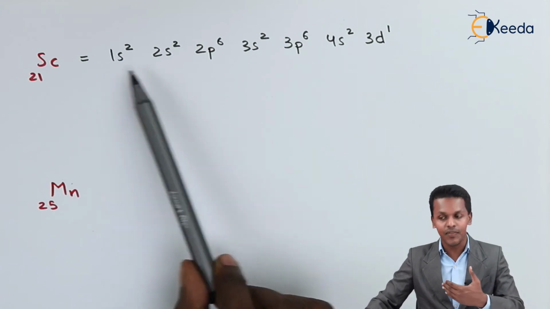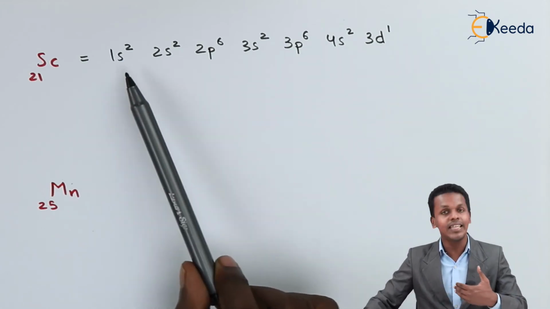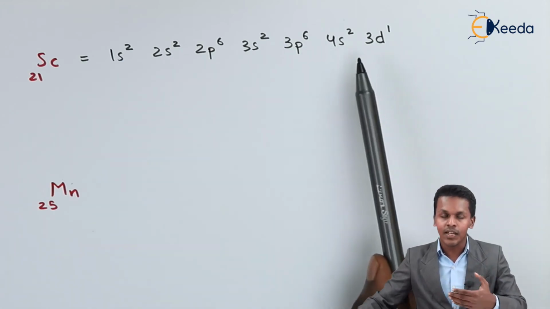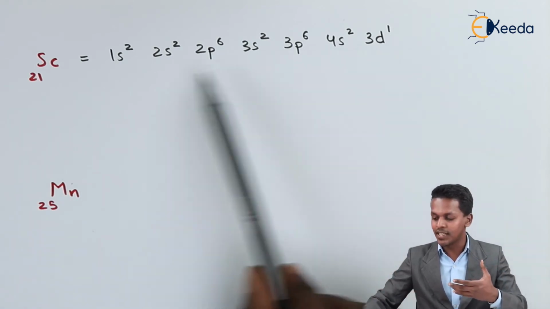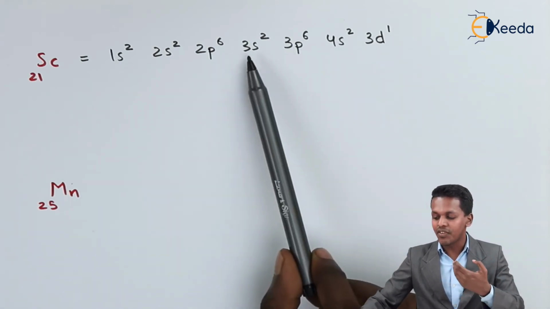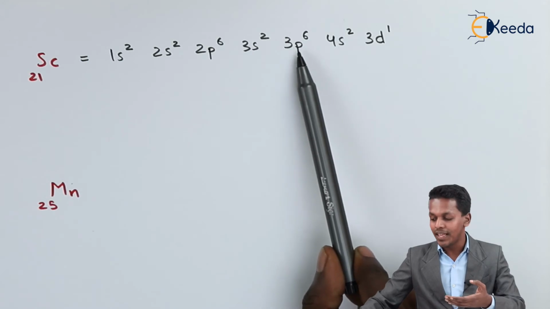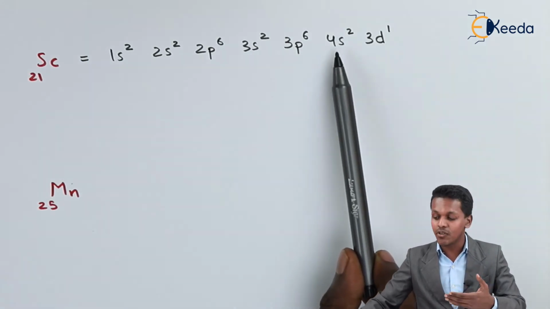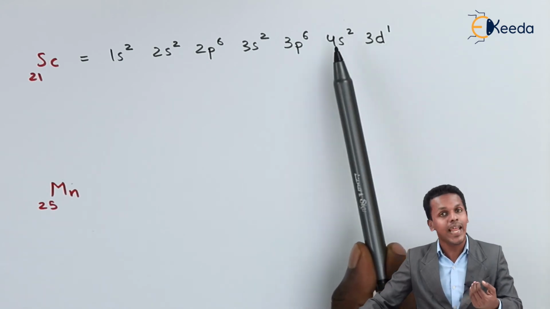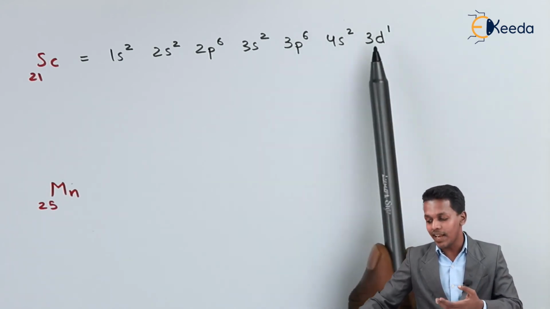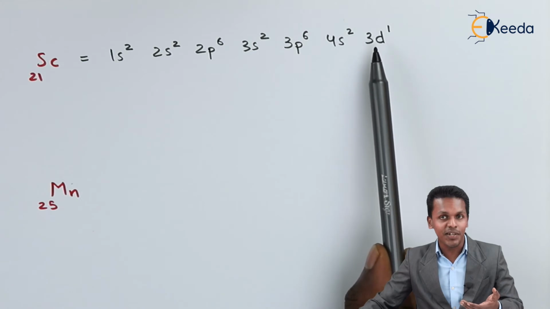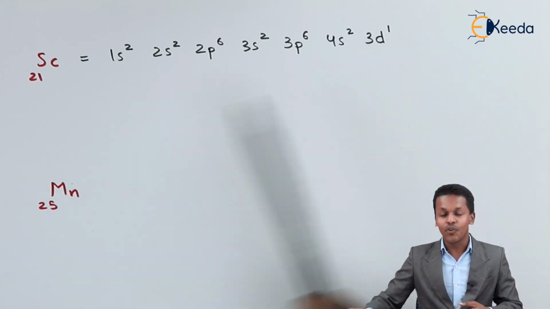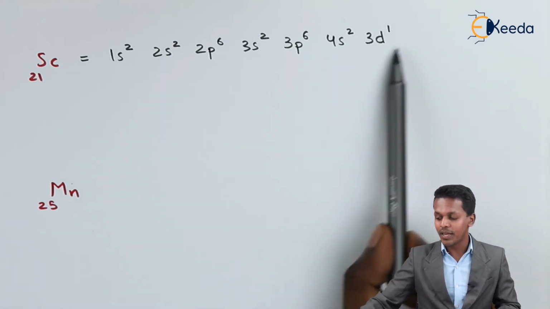As we go farther from the nucleus, the energy of the orbit increases, and that's the reason that after 3s we find 3p, and we can't find 3d, we find 4s. That means the electrons are filled in the 4s orbital first, and then in the 3d orbital. So this is the electronic configuration of scandium, and it is a d block element.